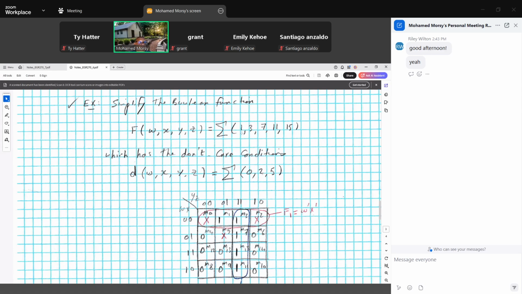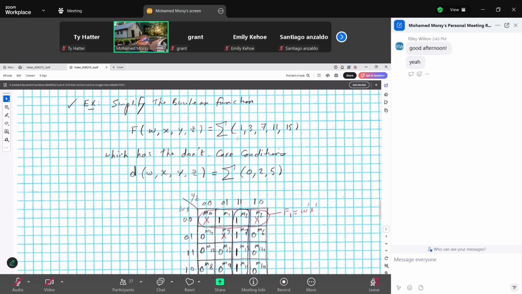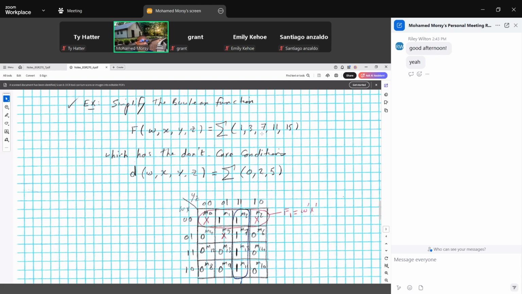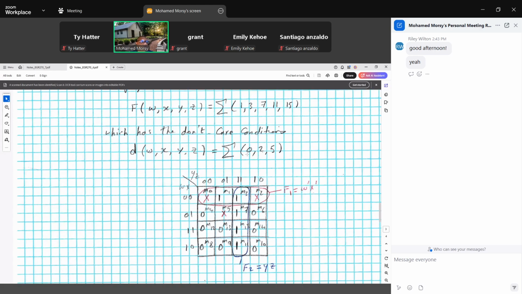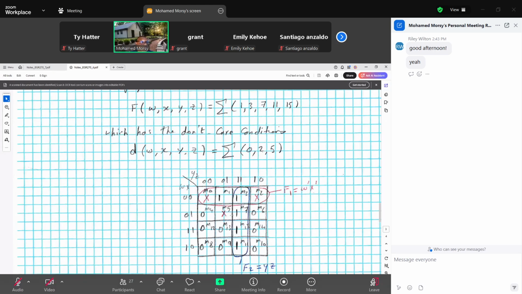This means minterm m1 is 1, m3 is 1, m7 is 1, and so on, which has the don't care conditions D, which is sigma 0, 2 and 5. So m0 is don't care, which we put X here. m2 don't care. m5 don't care.